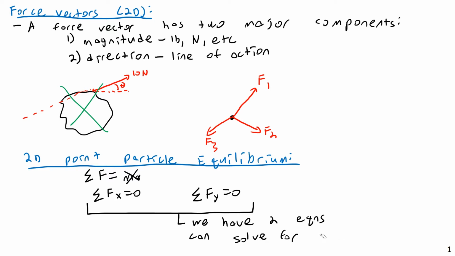Those unknowns could be forces, directions, or any number of things. But if we're looking at the equilibrium of just a single point particle, we'll never be able to solve for more than two unknowns. So let us look at a few examples of where we might apply this.